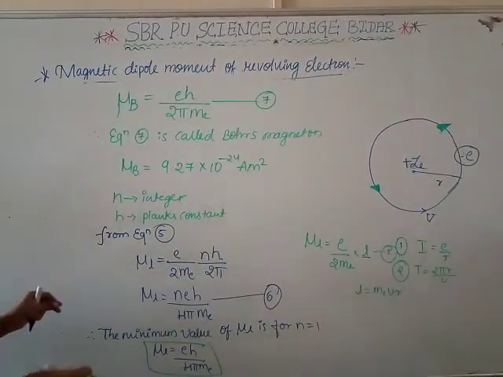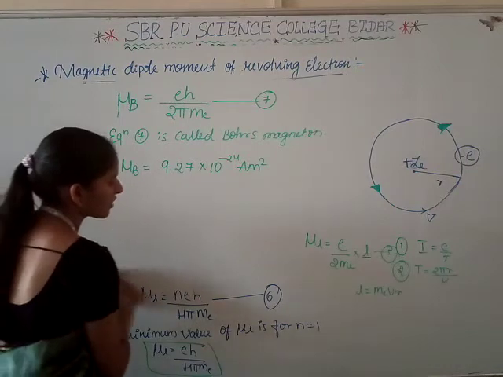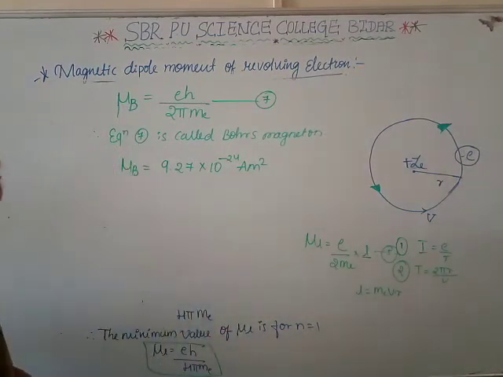This is the Bohr's magneton value when we put the constant values, that is Planck's constant and mass of electron. Take down.